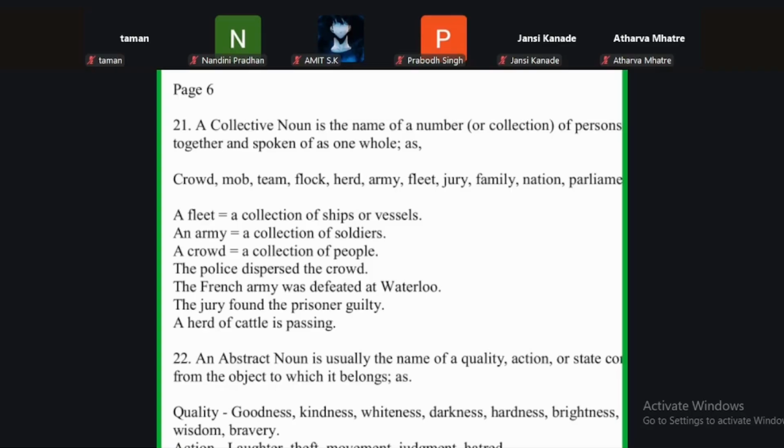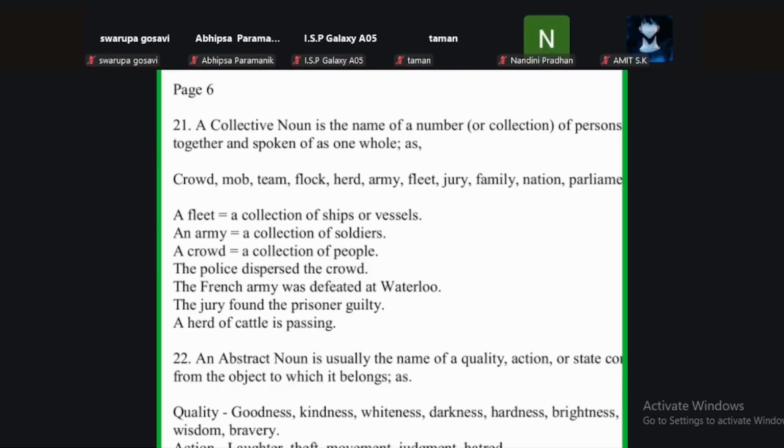So for people alone there are so many different collective nouns that you can use. Especially when there are multiple collective nouns that you can apply to a particular thing or people or animals, you need to know the difference.